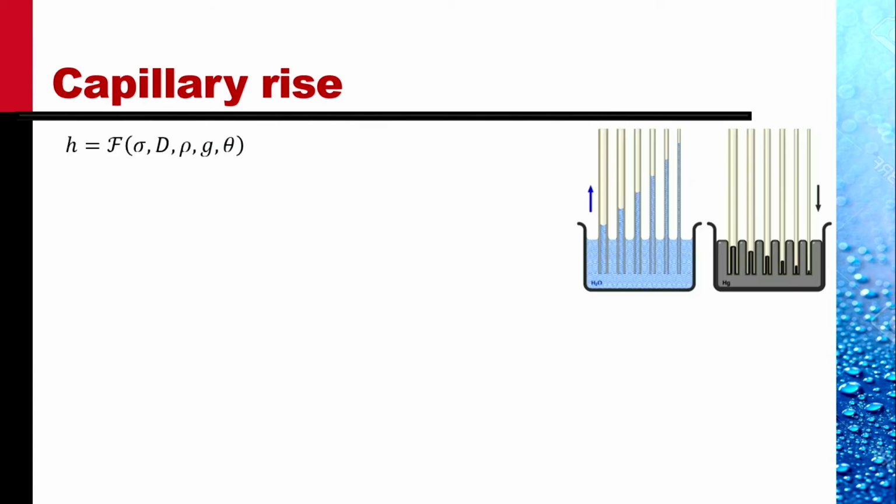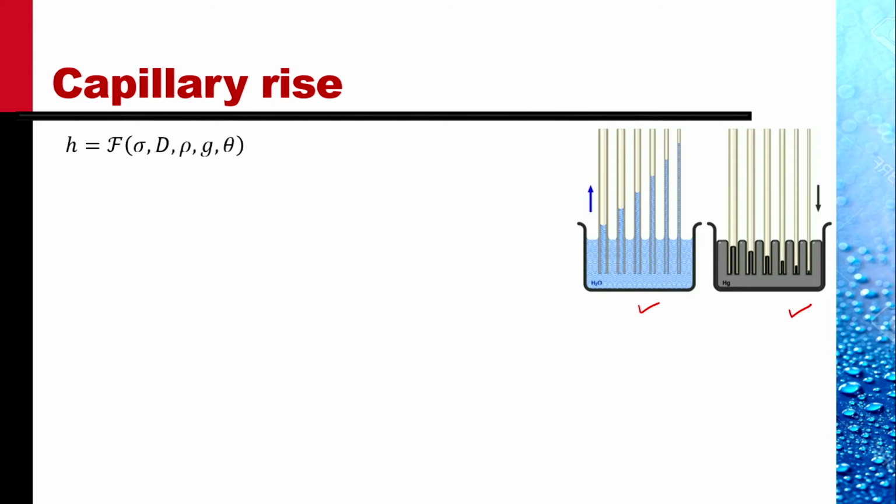Another example, capillary rise of a fluid. We know that the surface tension causes the fluid to rise in a capillary. For fluids that wet a surface it rises, and for fluids which do not wet a surface, like mercury in glass, there is a depression, but that is the same phenomenon.